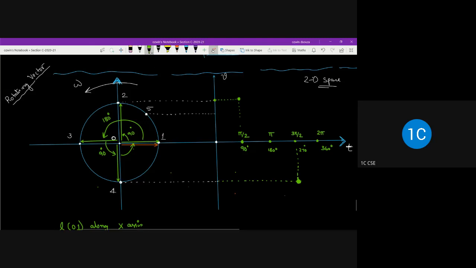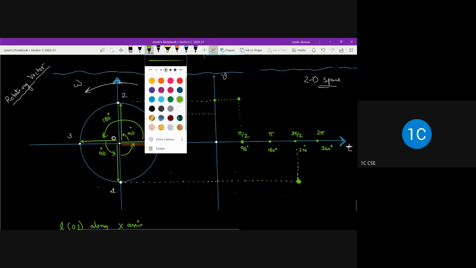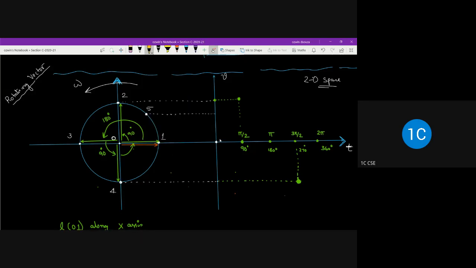Okay, so now what you have to do is just join these points. Okay, let's do that. Okay, so that's your positive half cycle. And this is your negative half cycle. Okay.